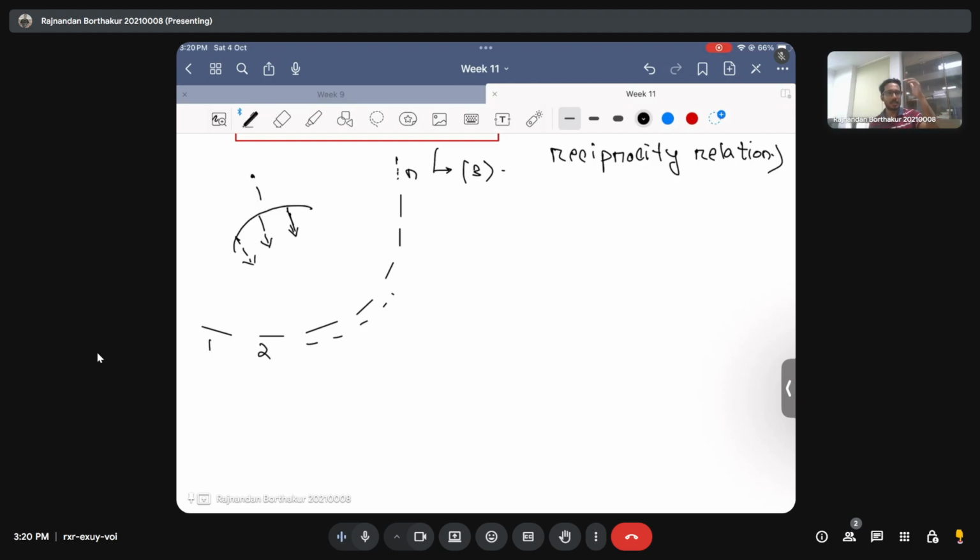Now, in order to capture this radiation coming from surface I, you are forming a fictitious number of surfaces.